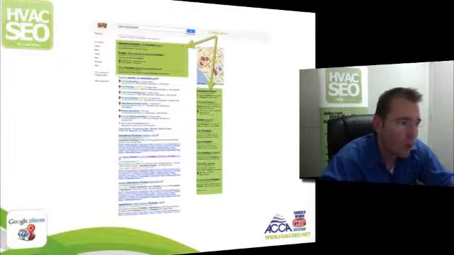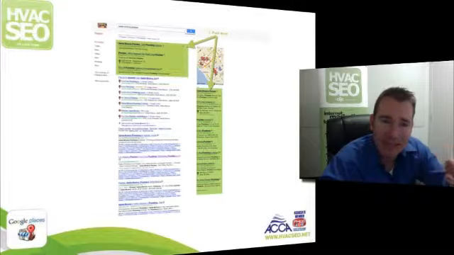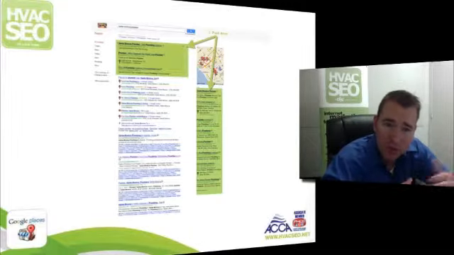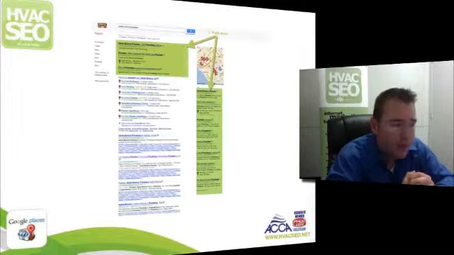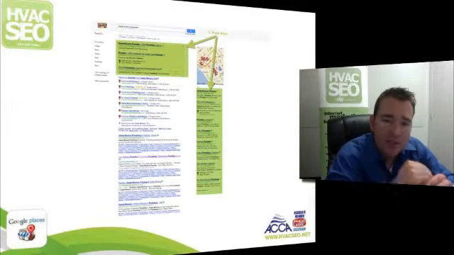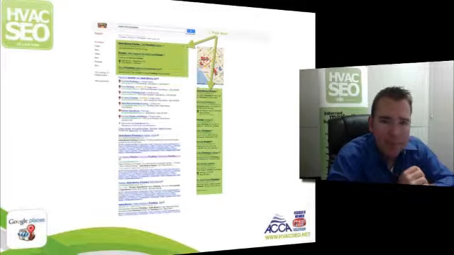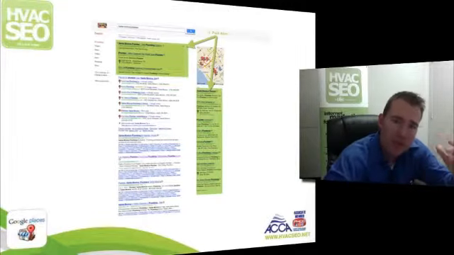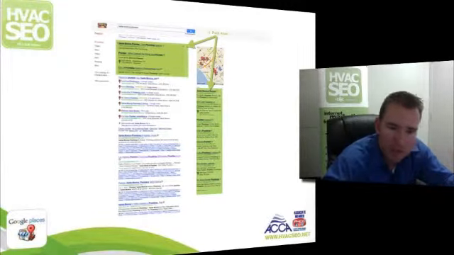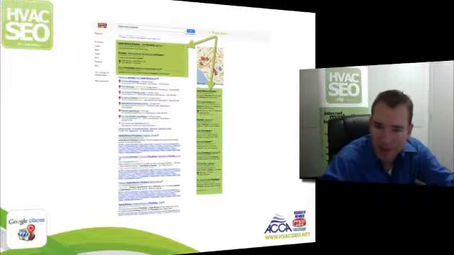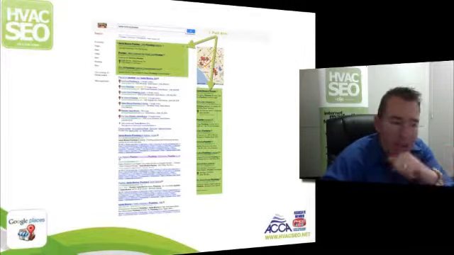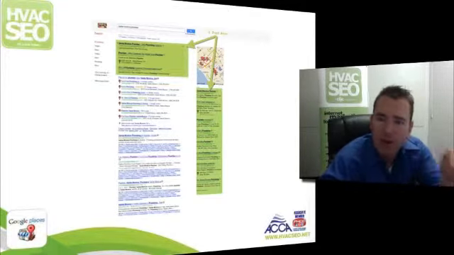The way this works, and the reason it's called pay-per-click, is you only pay every time somebody actually clicks on your ad, which is good because you're paying for performance. But the price is set by a bidding system, similar to eBay. So you pick your inventory of keywords: AC repair, AC contractor, heating repair, heating contractor, and the list goes on, and you would bid. For the term AC repair, you might say, I'll pay $5 for everybody that clicks on me.